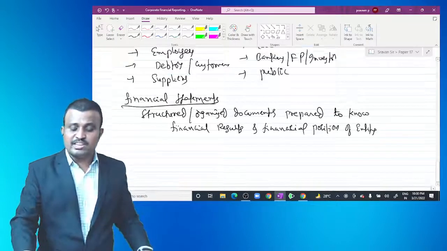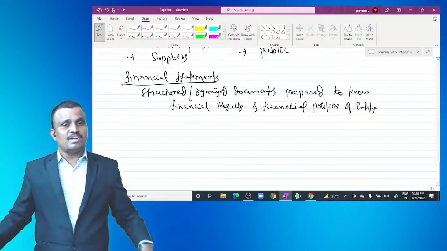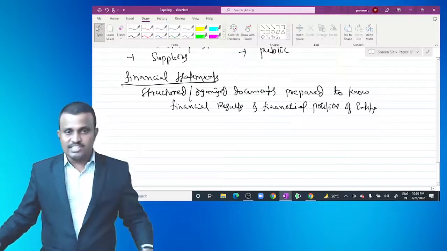Generally, financial results are provided by the income statement, and financial position is provided by the position statement of the entity.